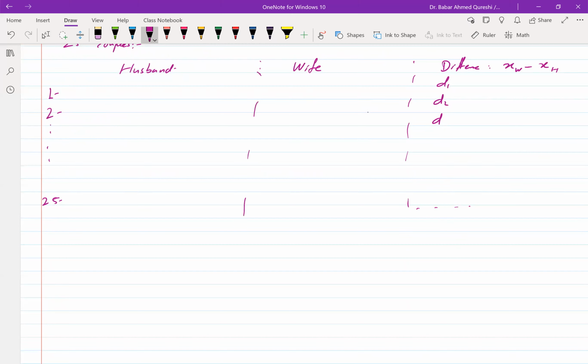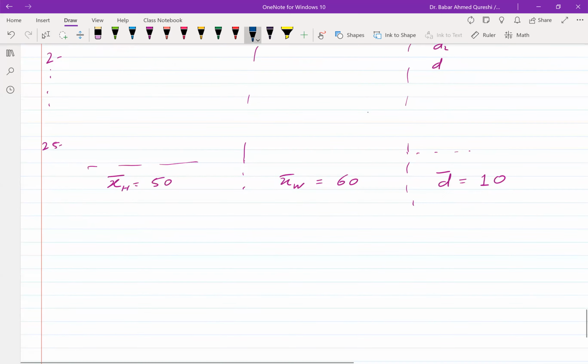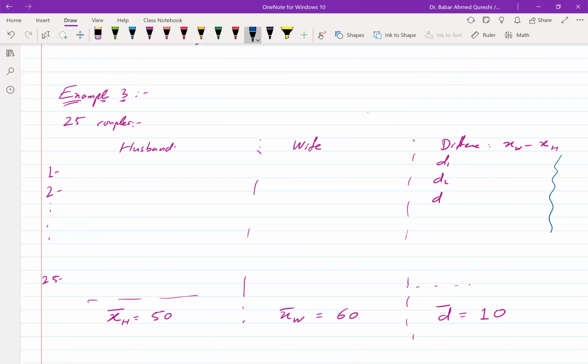What they find is that the average time put by husbands is 50, not hours, let's say minutes, in this sample, and the average minutes put by wives is 60. So that means the average of the difference would be 10 minutes. And they also find that every couple has a different difference.